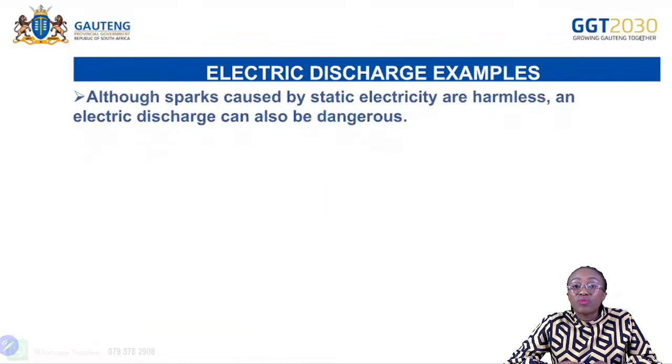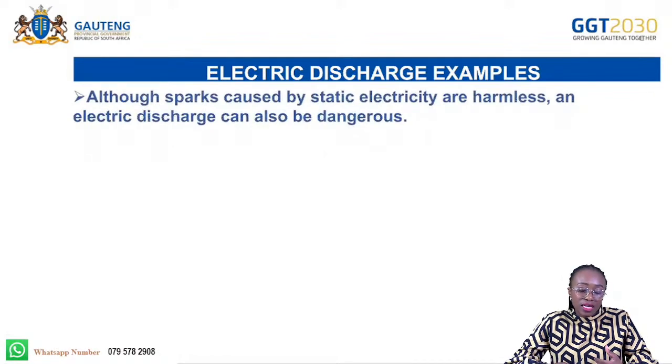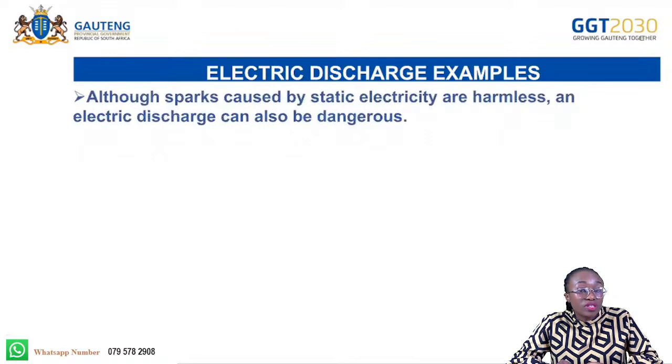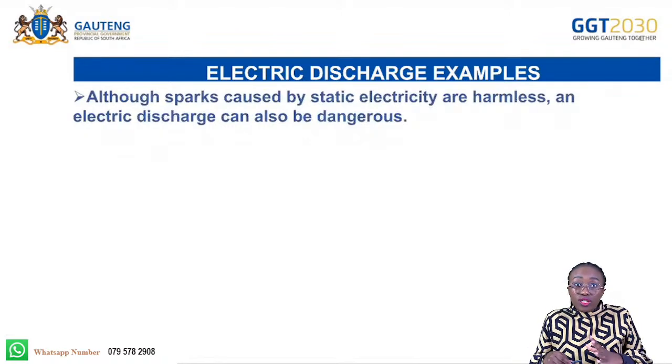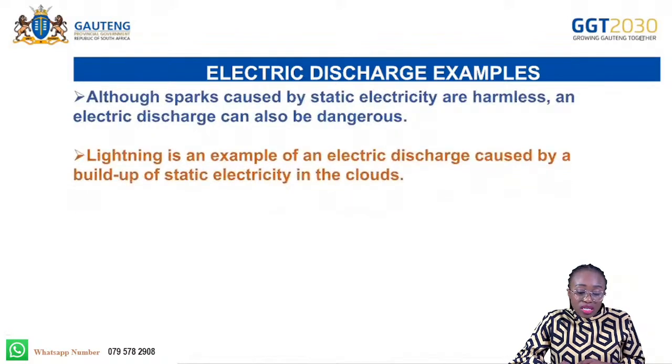So here are some electric discharge examples that are there in nature. Although some of these sparks of static electricity are harmless, like when your friend touches you and you feel a slight shock, electric discharge can also be dangerous and quite fatal. Lightning, for example, is an example of an electric discharge.